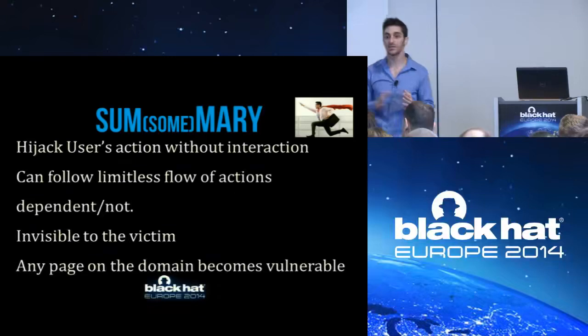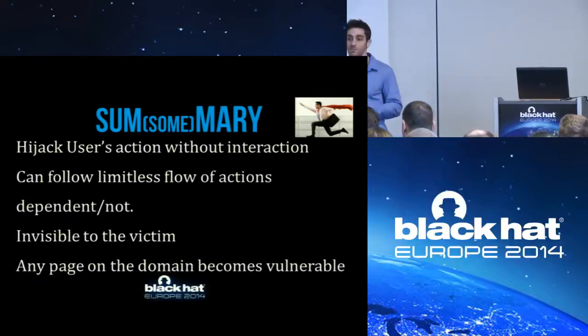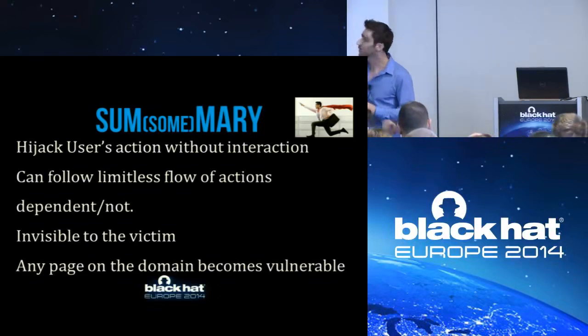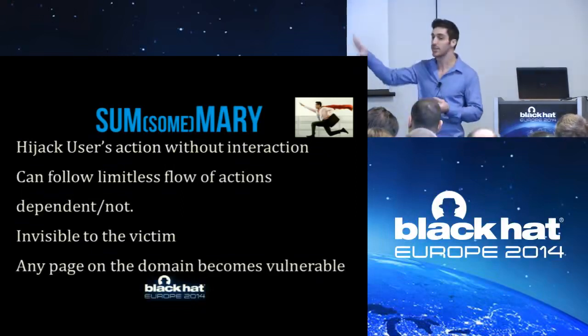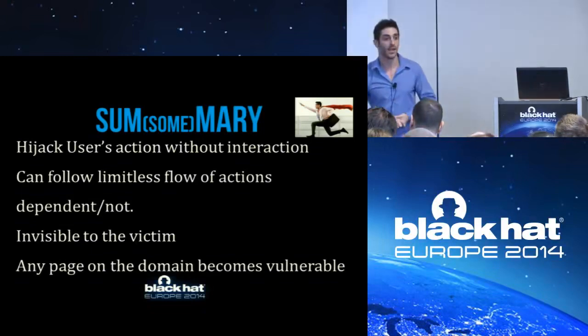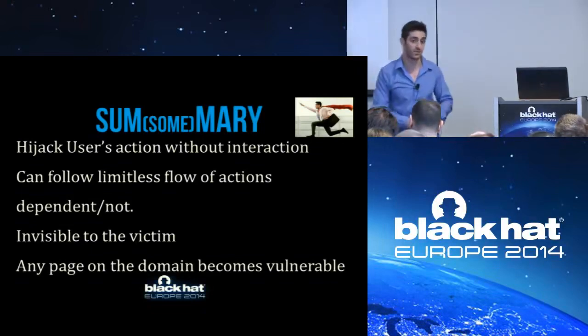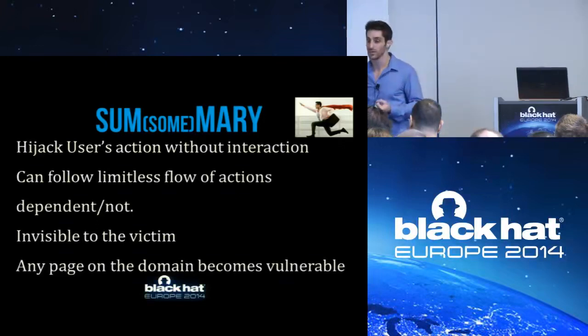The first exploit I made and reported to Google was making you delete your posts on Google+. I made an exploit that says, okay, go to this page. I know that there's a picture there, and I want to delete this picture on the user's behalf. But once again, only one action wasn't enough.